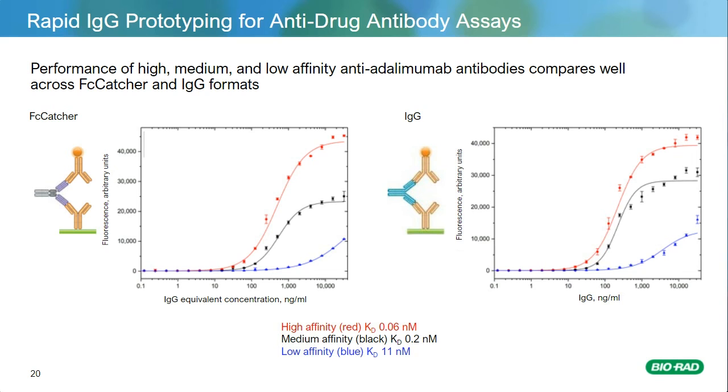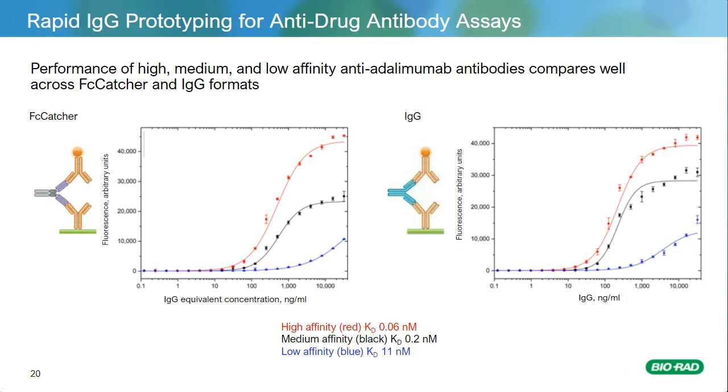Also shown in this slide is how the SpyTag technology can be used to prototype different antibodies for these types of ligand binding assays before a final decision is made on a particular number of clones, which are then converted to full IgG if the customer wants something as representative of the human immune response as they possibly can get, which would be a full IgG rather than a SpyTagged format of the IgG.